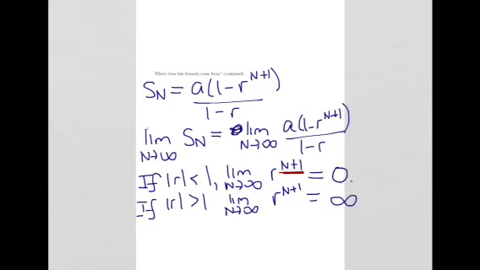So we have two situations, one where r is less than 1 and one where r is bigger than 1, and we get two different answers. In this case, the whole fraction for the limit would diverge because it would get really large.